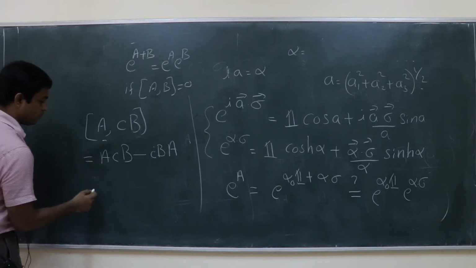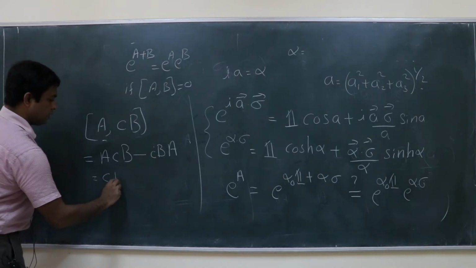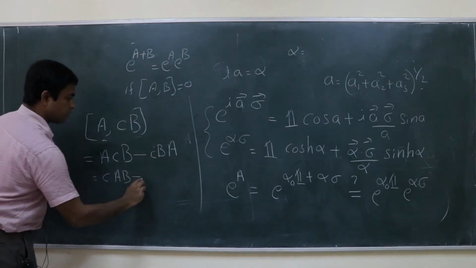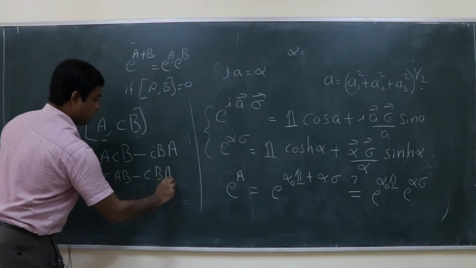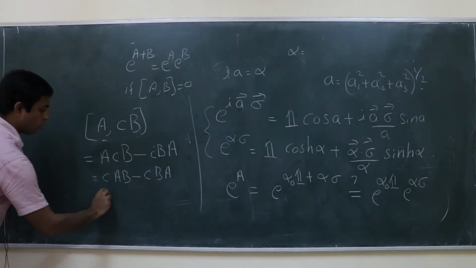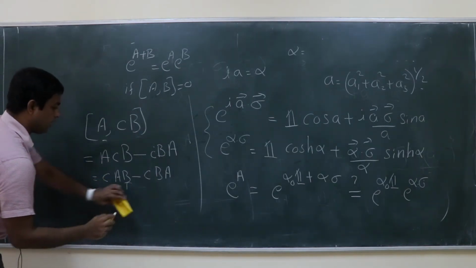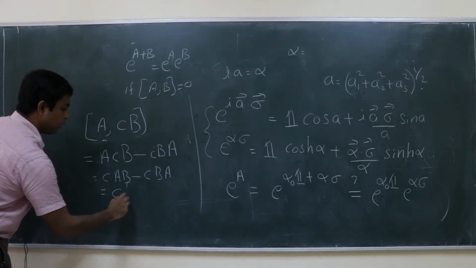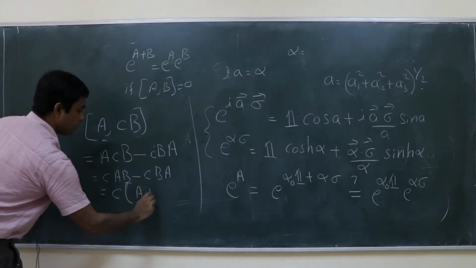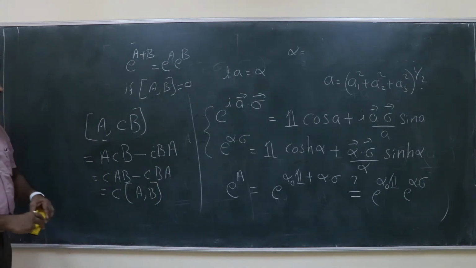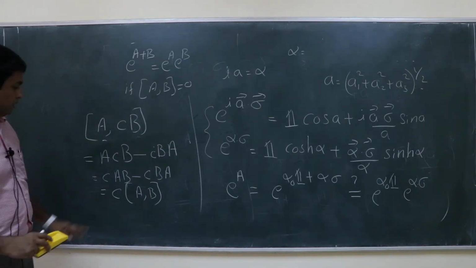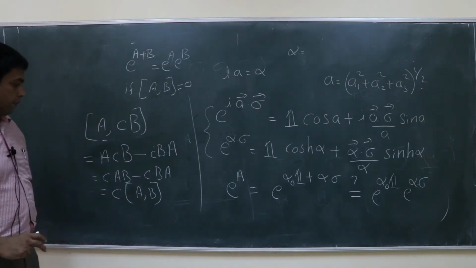So I can write this as C A B minus C B A. So I can take C outside, then I can write it as AB minus BA, which is the commutator of A with B. So it does not matter whether it's a real number or a complex number. I can do this.